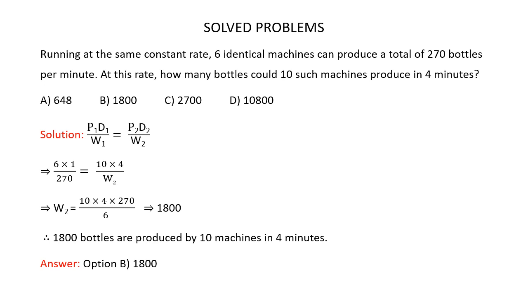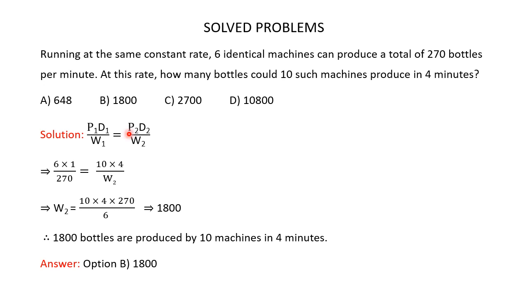So use the formula P1 D1 divided by W1 is equal to P2 D2 divided by W2. Here P1, the number of machines, is 6 and D1, the time, is 1 minute and W1, the number of bottles produced, is 270.